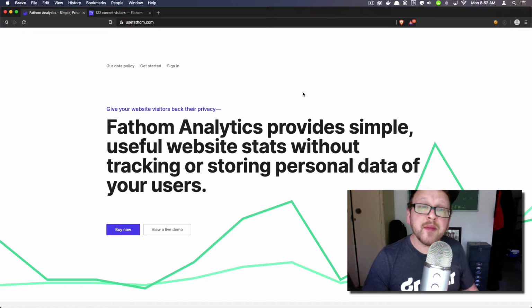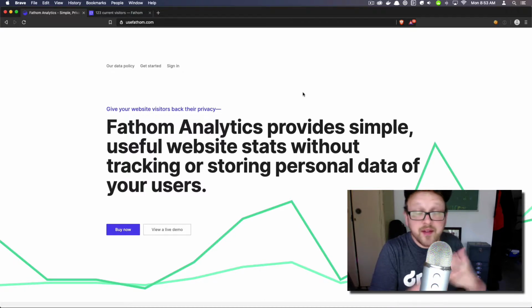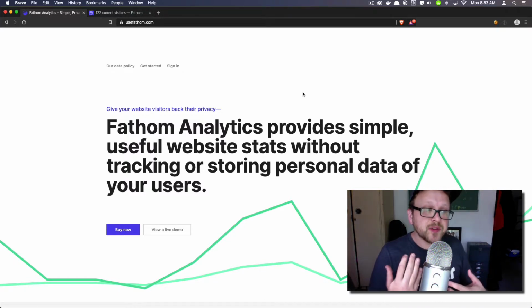By the time I become big enough that I need to start worrying about GDPR compliance, I'm probably going to be looking for a much more enterprise level, much bigger solution. I'm going to be running things like multiple campaigns. I'm going to be needing to track, doing A/B testing, really segmenting my audience, all that kind of stuff. And I'm going to have outgrown a very simple solution.